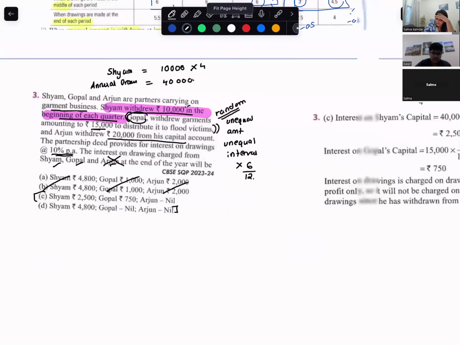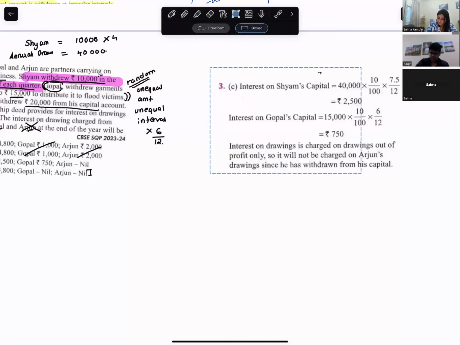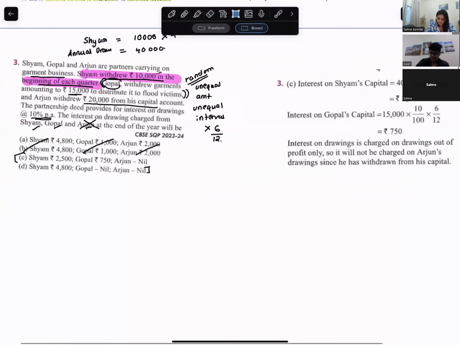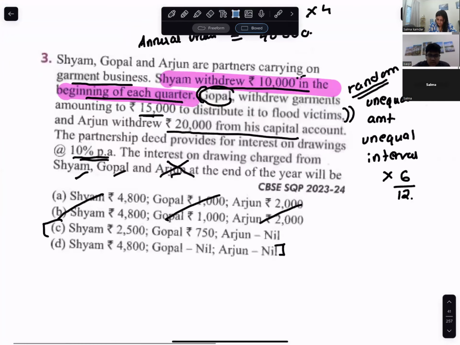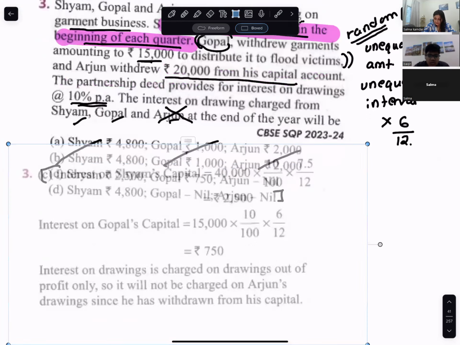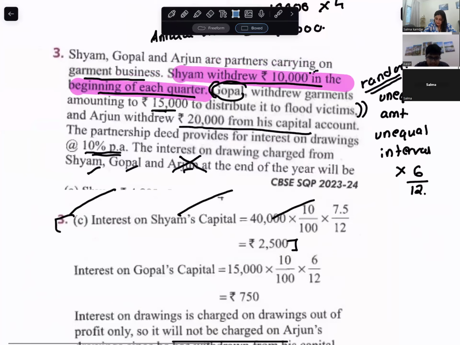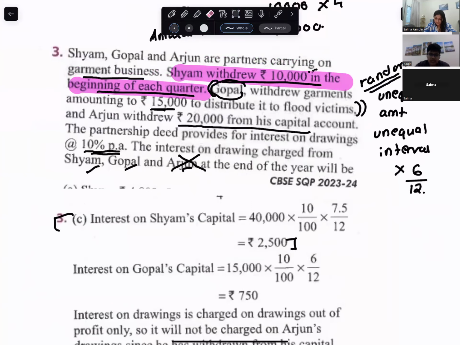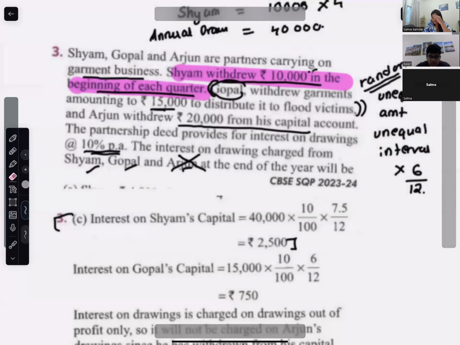So for interest on drawings for Shyam, how much do we have? Interest on drawings for Shyam, it will be how much? 40,000. Okay.